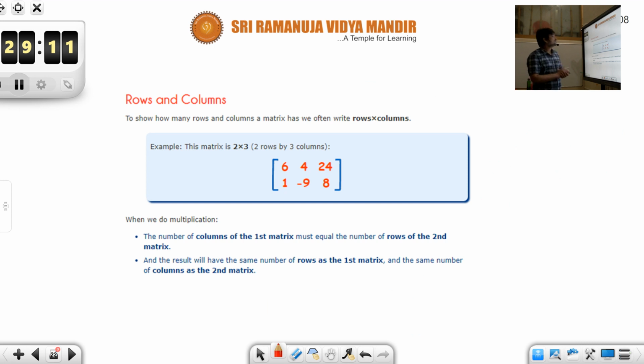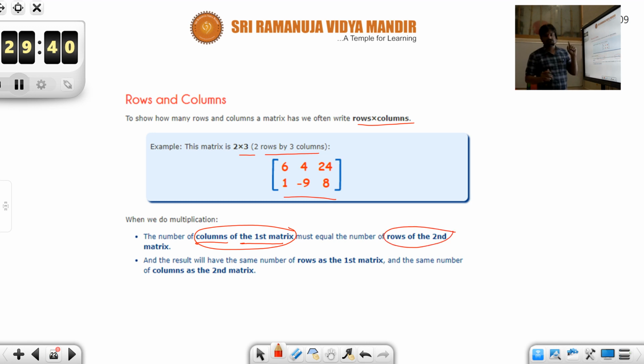So rows and columns. To show how many rows and columns a matrix has, we often write rows by columns, right? So this matrix is 2 by 3, 2 rows by 3 columns. Now when we want to perform multiplication, the number of columns of the first matrix must equal the number of rows of the second matrix.